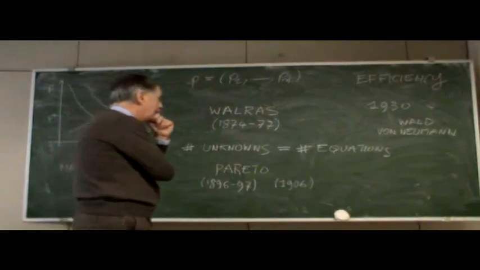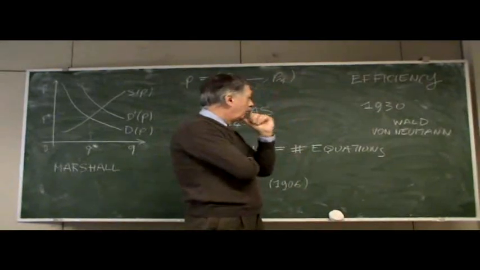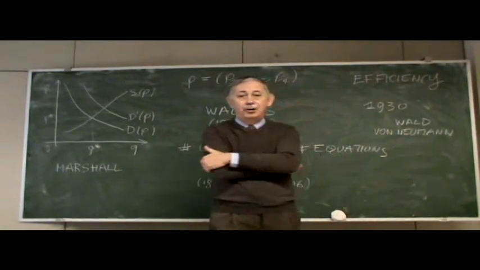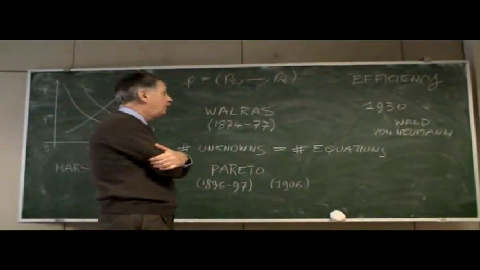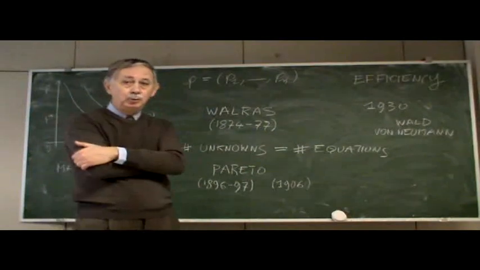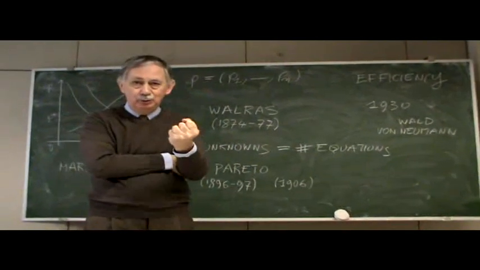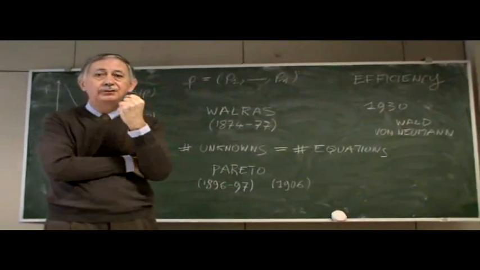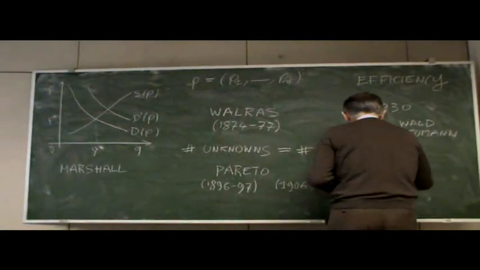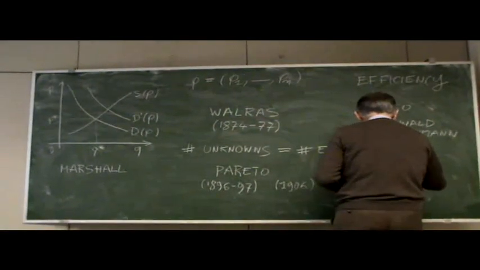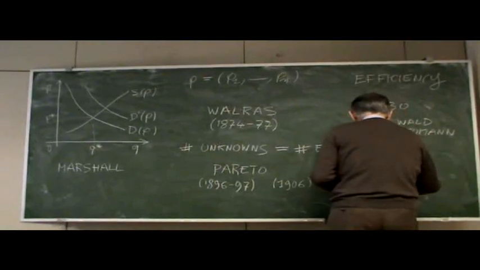But the work by von Neumann is important for another reason. He was the first to employ a fundamental mathematical tool in order to prove the existence of equilibrium, the so-called fixed point theorem.